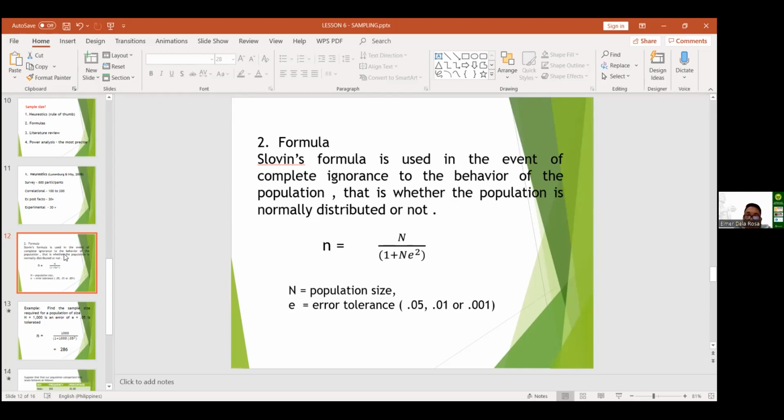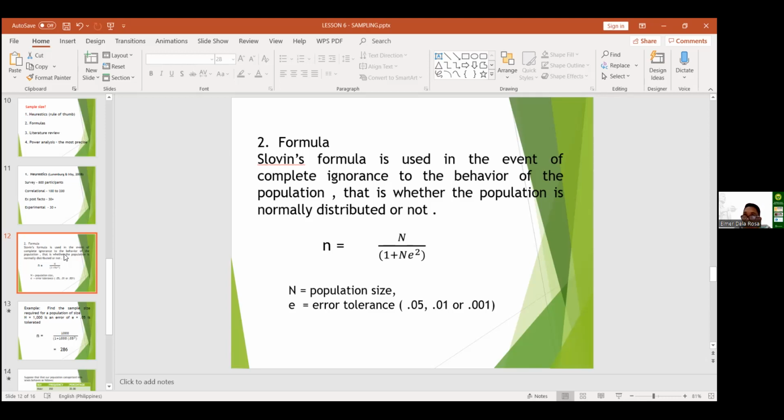Pag sinabi mong 0.05, and that is 5%, you allow 5% error. Okay? Yun ang measurement error mo. 5%. Pinakamababa yun, 5%. Now, if you want to be more confident that your sample is a true representative of your population, then you make it 0.01.